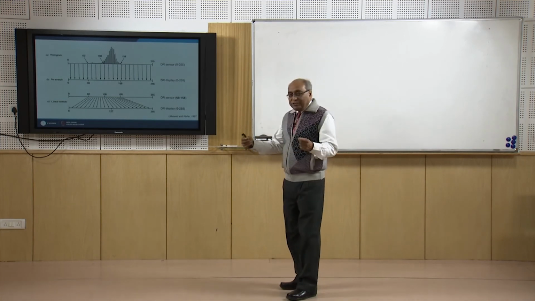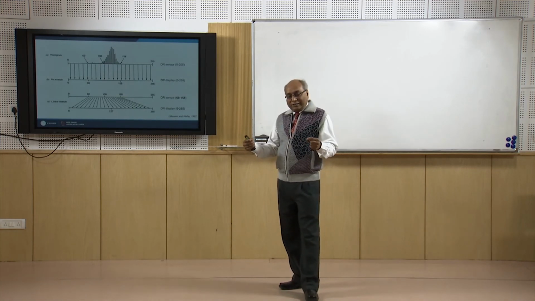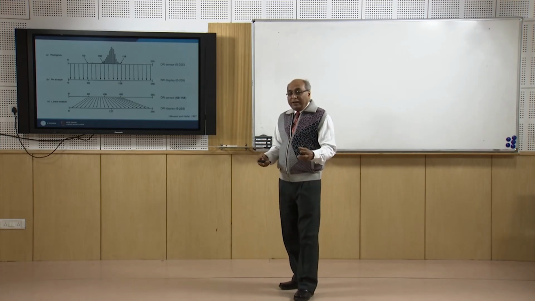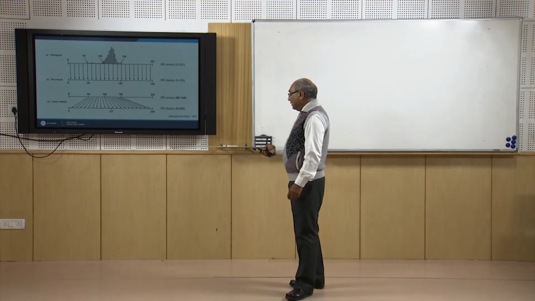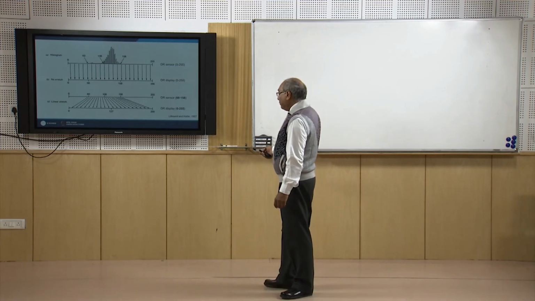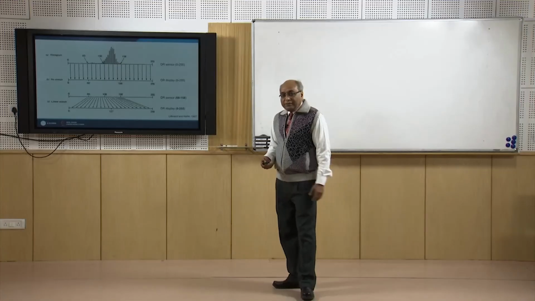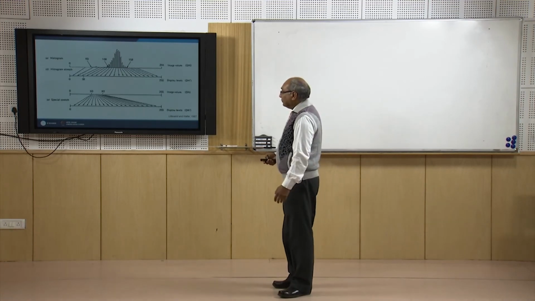So when I stretch these linearly like a rubber sheet, I am improving the contrast in the image, and ultimately the image quality, by a very quick method. Here the input pixel values are 60 to 158, and once the values have been redistributed, definitely the contrast among different pixels, that means different features, will be higher.